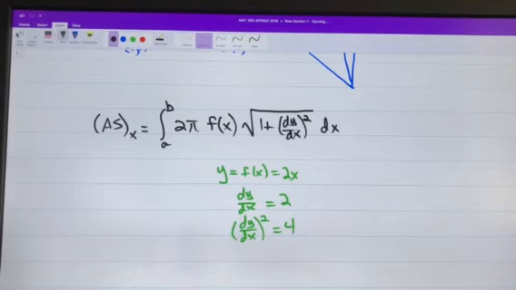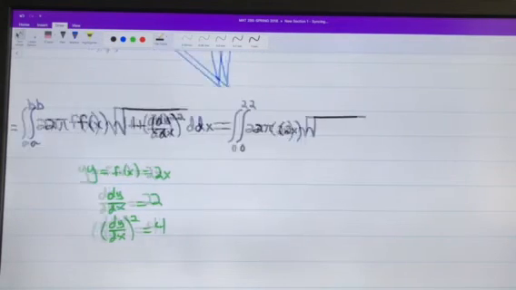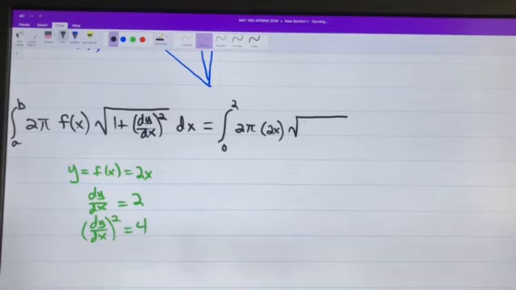So going back to the area of surface generated about the x-axis, I'm going from x is equal to 0 to x is equal to 2, and we've got 2 pi times 2x, times the square root of 1 plus 4, dx.